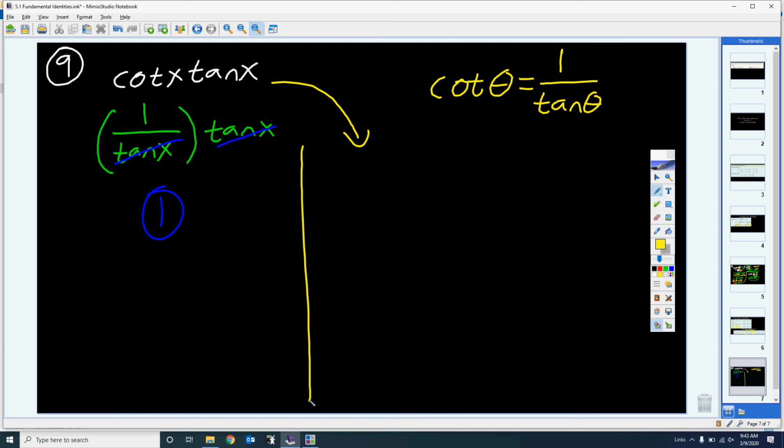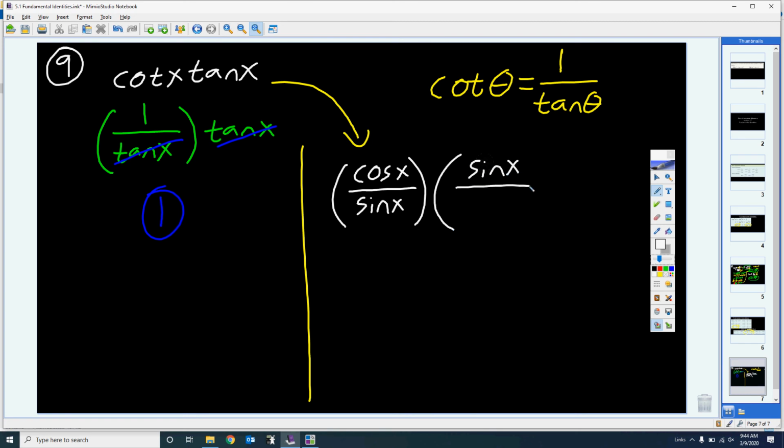One of our old standbys is, let's just change everything in terms of sine and cosine, because all trig functions can be written in terms of sine and cosine. For instance, we know that cotangent is cosine of x over sine of x, and we know that tangent is sine of x over cosine of x.